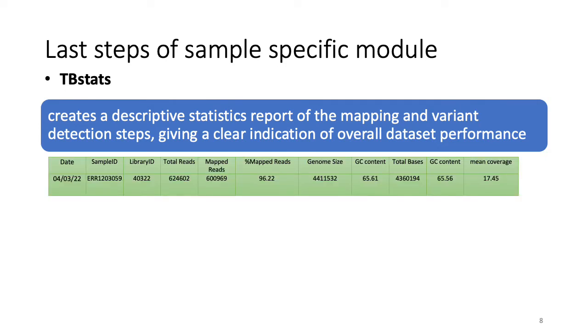For example, you can see here a FASTQ file that has been analyzed with MTBseq. You can see the information of the total reads, the total mapped reads, and the percentage of mapped reads. And these are the size of the reference genome, which is H37Rv, and the GC content of the reference genome. And here you can see the total bases that were mapped to the reference genome and the GC content of this sample.